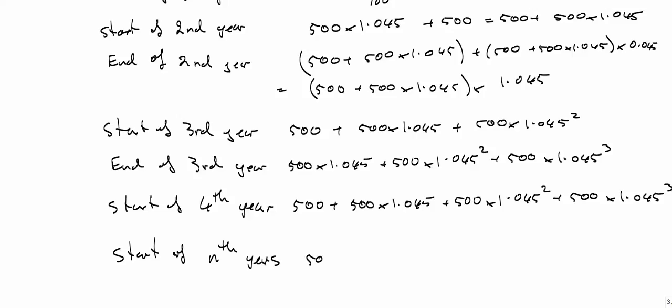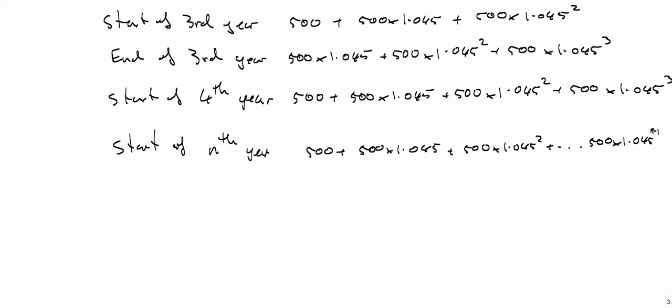Well, it's 500 plus 500 times 1.045 plus 500 times 1.045 squared, and it continues until, well, when it was 4 it went up to cubed, so it would be 500 times 1.045 to the n minus 1. Now that's the start of the nth year. We want the end of the 8th year. So at the end we can do a general formula.